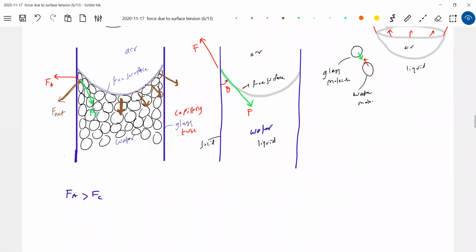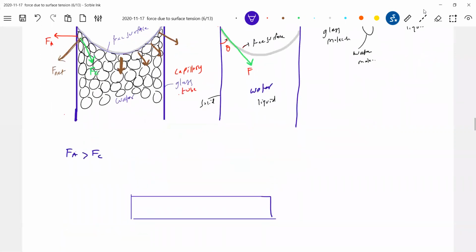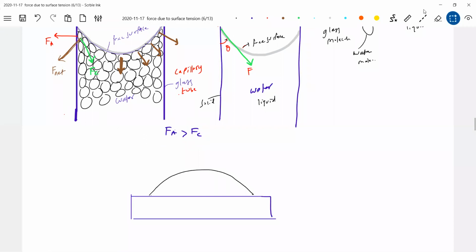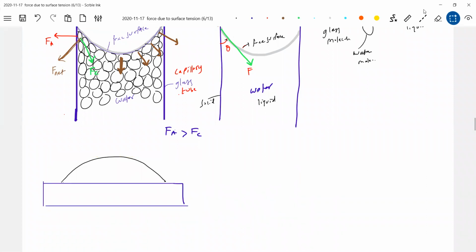And now the same thing if I place a water drop on a glass surface, then how will the water drop align? The water drop will align like this. The central idea is that adhesive force will dominate over cohesive force. And now if I show the molecules, they will be like this.